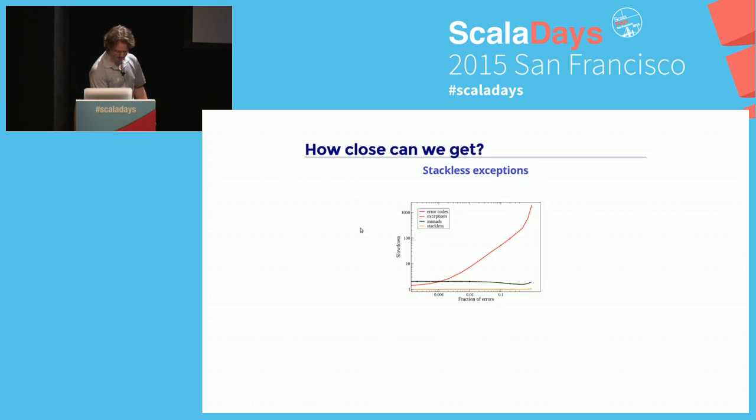The reason that's interesting is that when you're thinking about fraction of errors, exceptions are really, really expensive. So you kind of don't want to use them unless you're sure that your errors are really rare, or it's an emergency and you need to do something drastic.